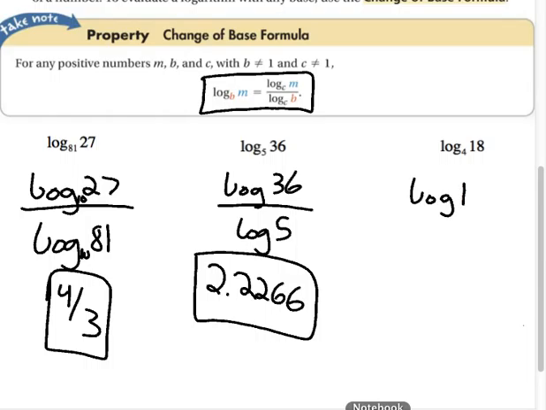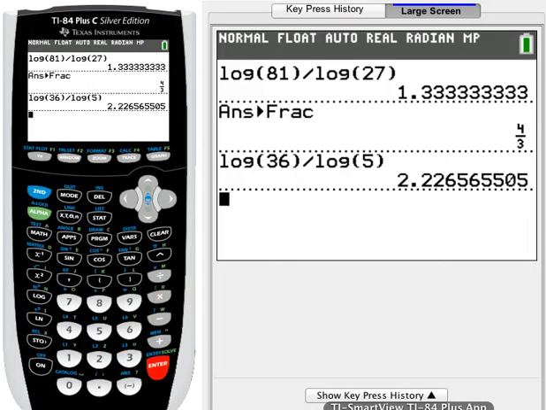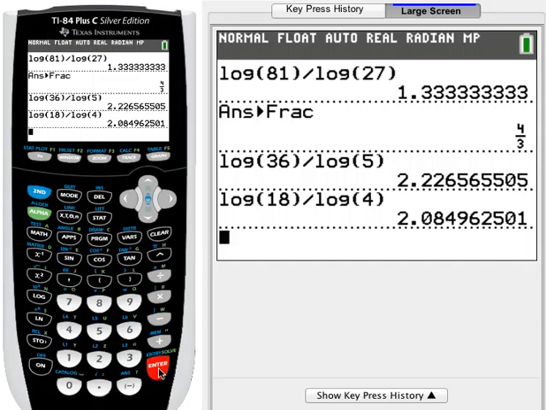And here, log 18 divided by log 4. And again, to 4 decimals, 2.0850.